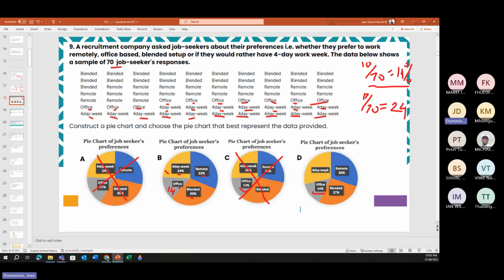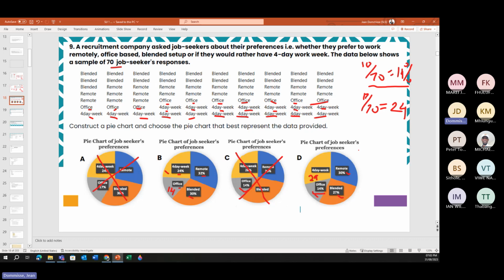So let's again work out what this percentage is, by saying 100 minus the 50% minus 27 minus 14. If I work that out, that gives me 29.